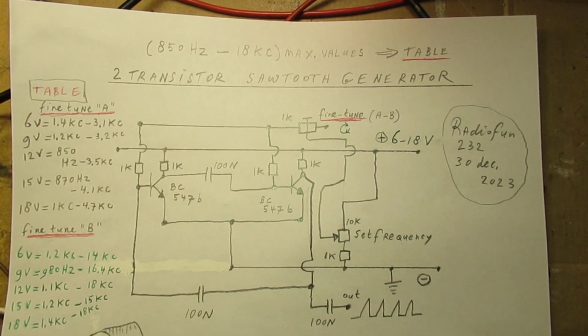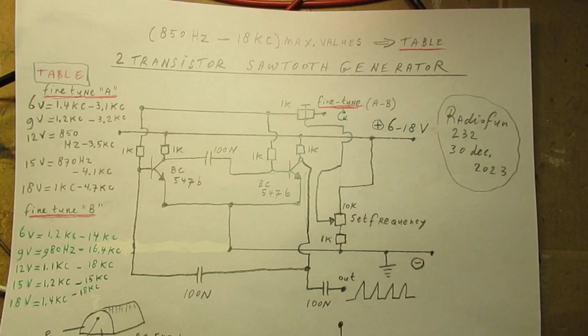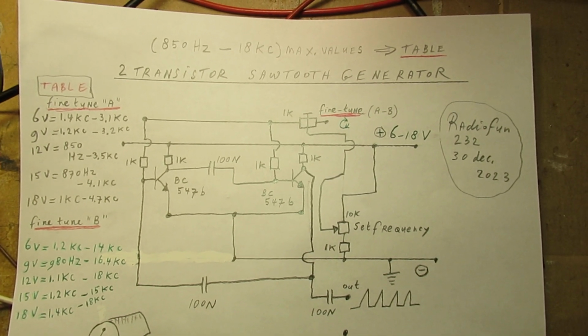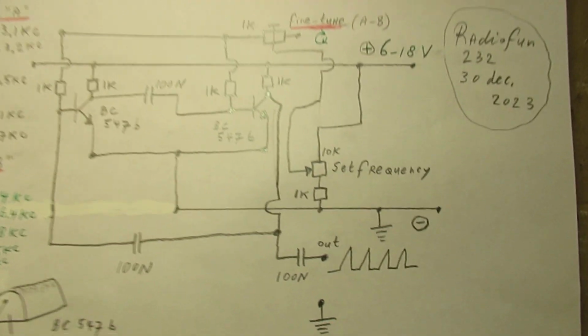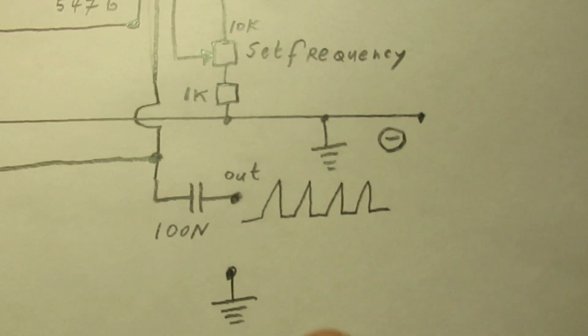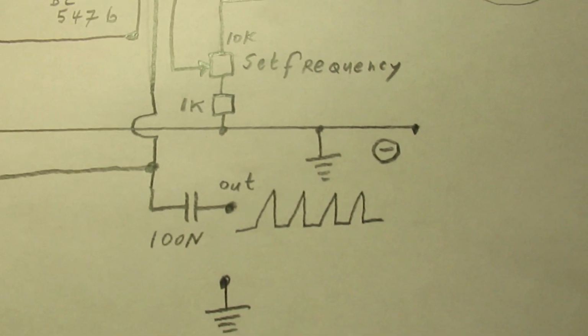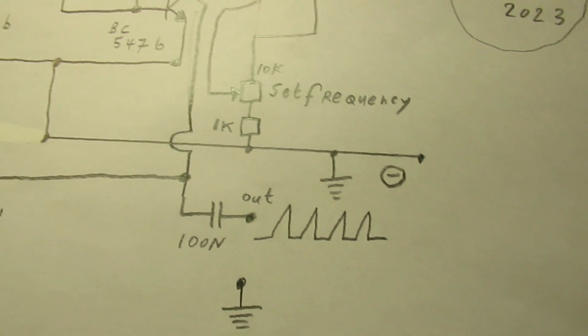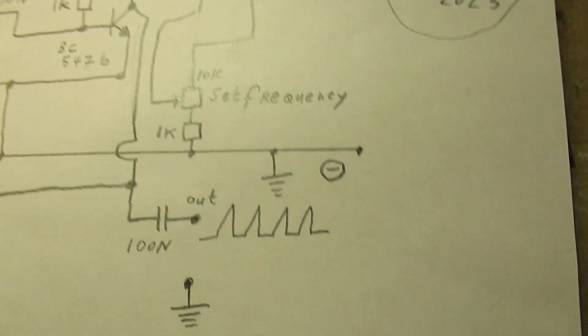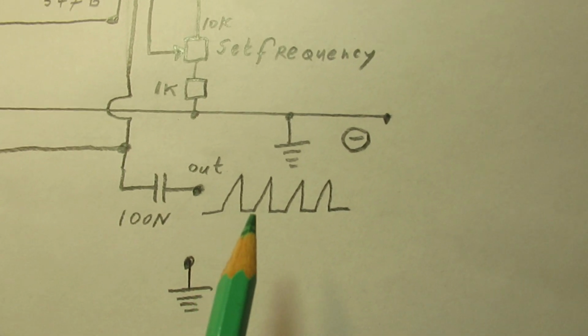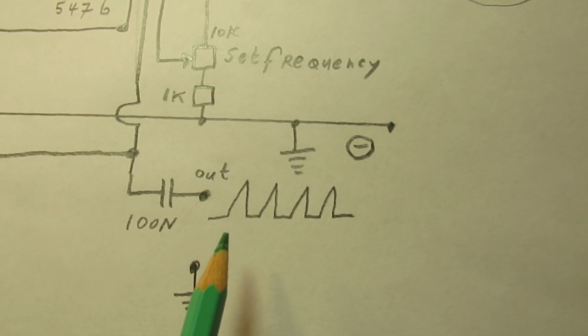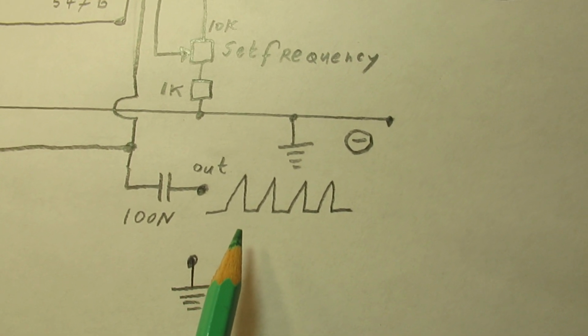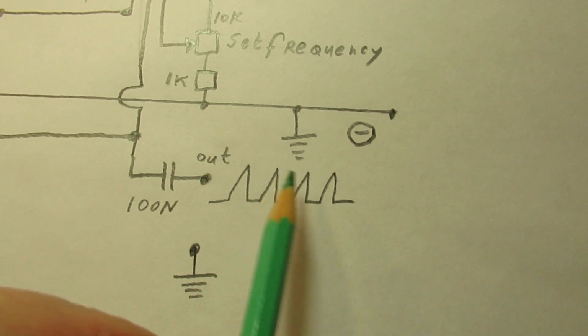The good thing is that it always works. Another thing is that it gives out this type of sawtooth. So there is here, say, a certain time in between before the second sawtooth starts.